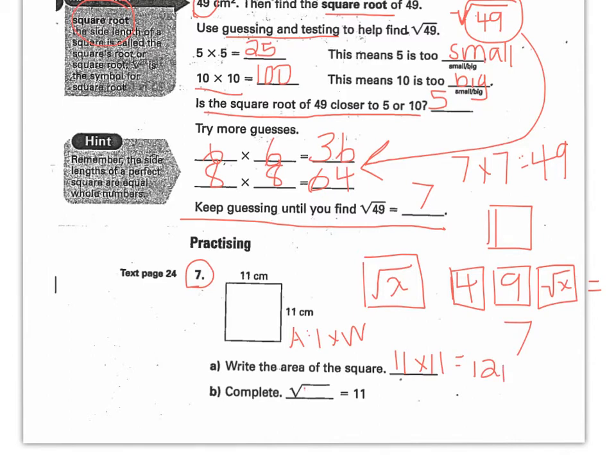Therefore, the number 121 will go under the square root sign, because the square root of 121 is 11. You can practice this by using your calculator. 1, 2, 1, square root sign equals, the answer should be 11.